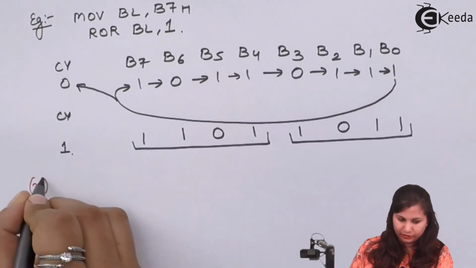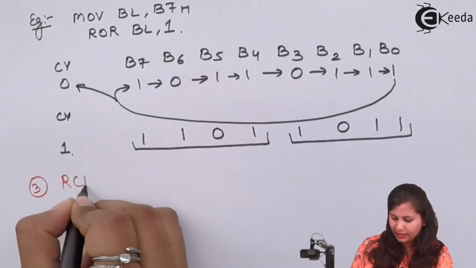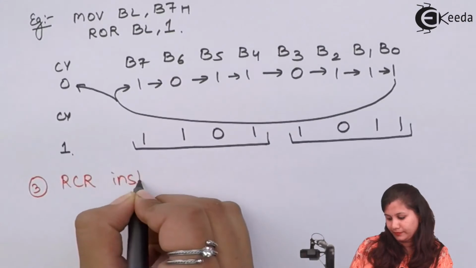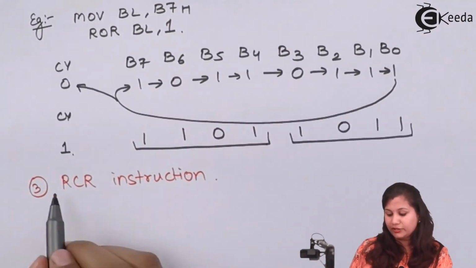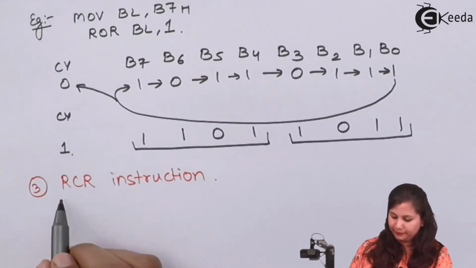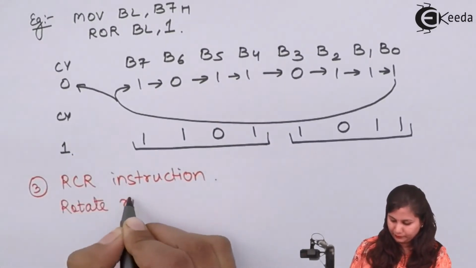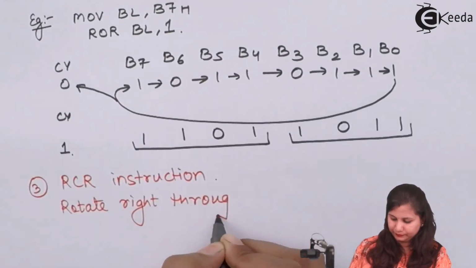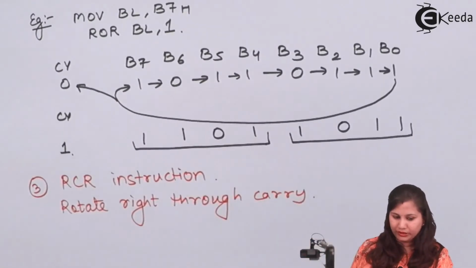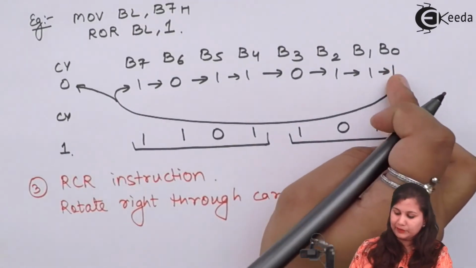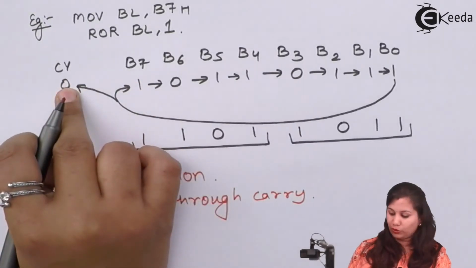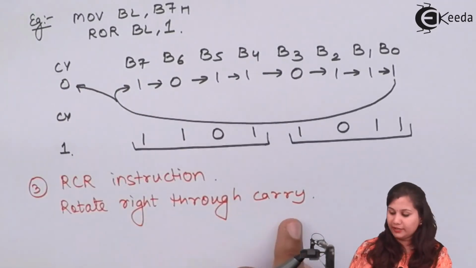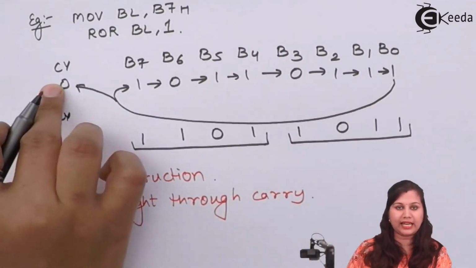The third instruction we have is the RCR instruction, means rotating to the right through carry. So in this, when we are rotating to the right hand side, first the LSB was made as the new MSB and in the carry flag also. But we are rotating here through carry. So LSB will be placed in the carry flag.